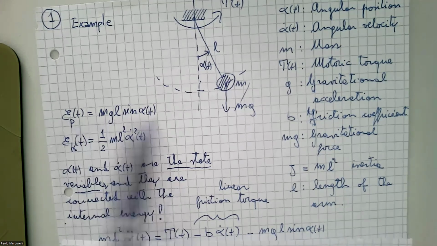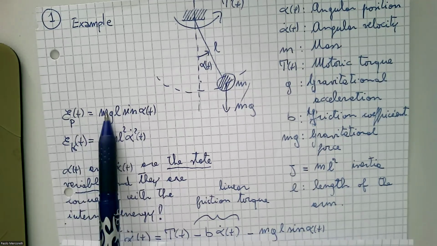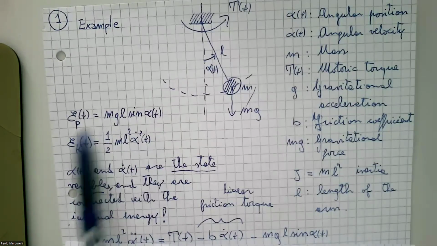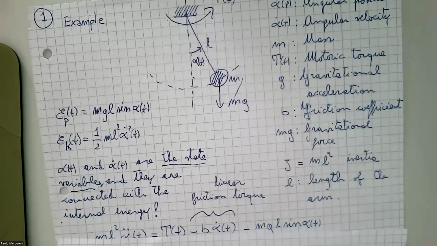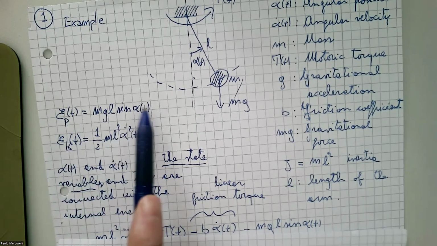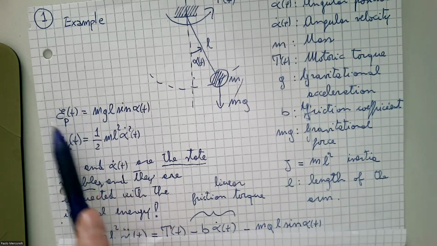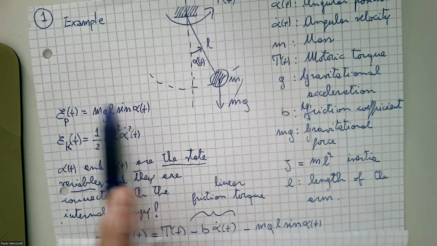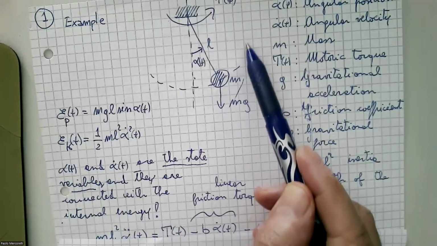We have here potential energy, kinetic energy. This kinetic energy can nevertheless be demonstrated, probably you know, it is the integral of the power. Anyway, I don't have time really to demonstrate this, also this one, but intuitively, it depends on the position.